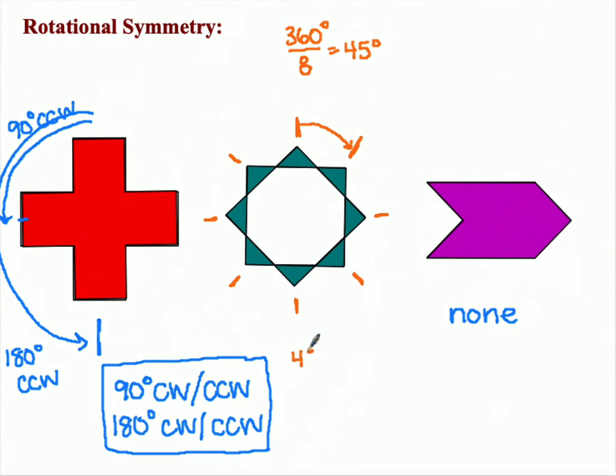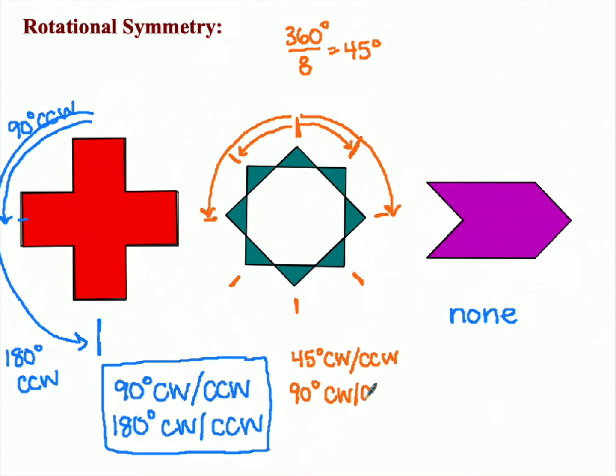So I will list that 45 degrees clockwise that I have drawn up there, but I'll also list the 45 counterclockwise at the same time. And then I could do a 45 plus 45, and that would work, and the counterclockwise version of that. So 45 plus 45 makes a 90. Now down towards the bottom, that would take 1, 2, 3 turns of 45 degrees each, which is 135 degrees.